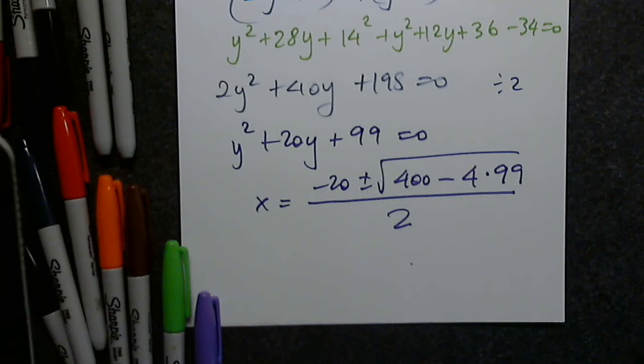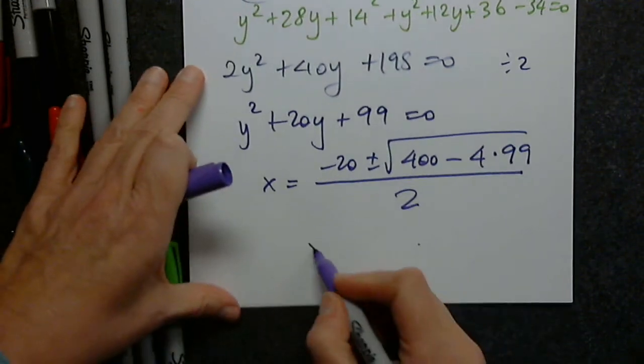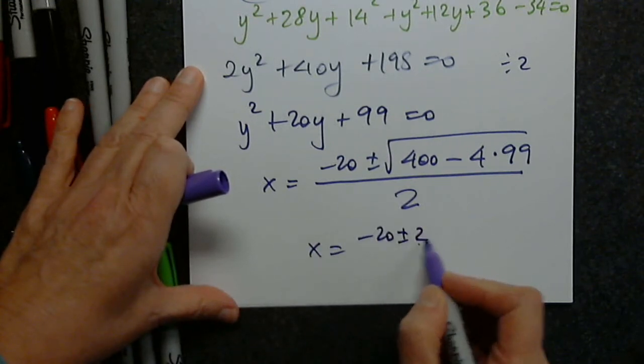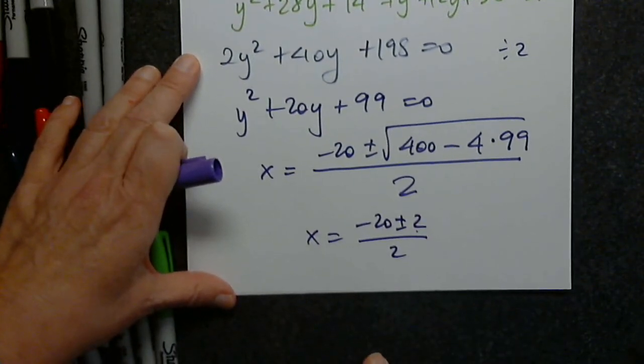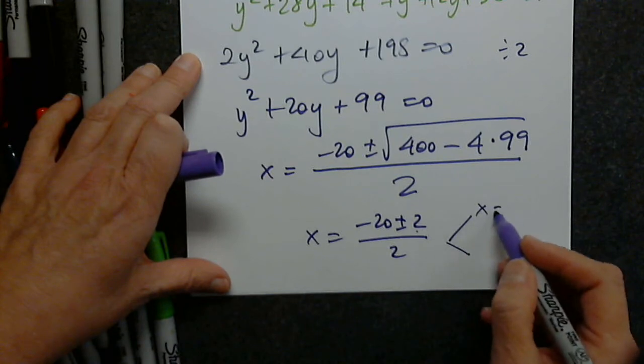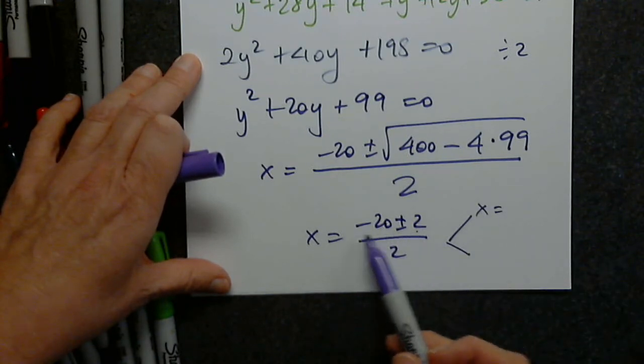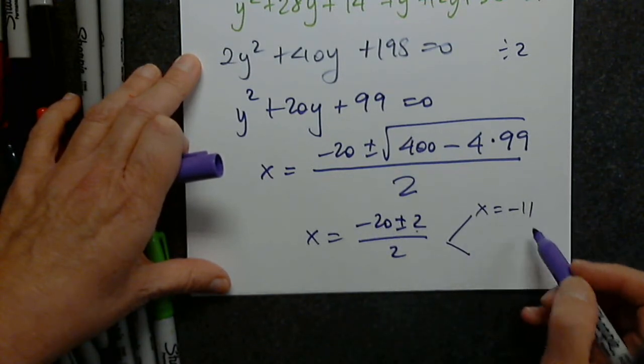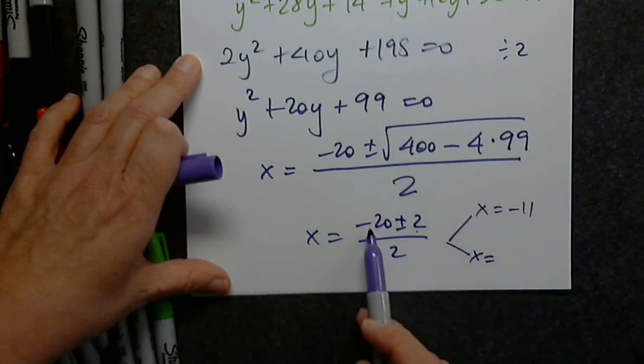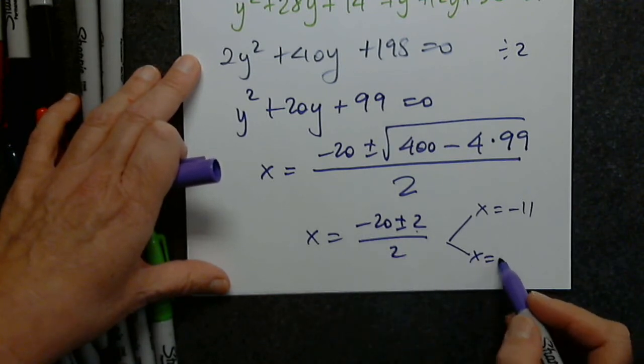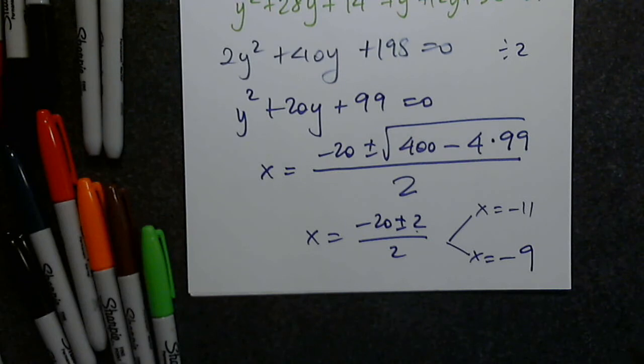So it's 4. So the square root of 4 is 2. So the solutions are negative 20 plus or minus 2 over 2. So I got negative 22 over 2 indeed, and the other is negative 18 divided by 2, which is negative 9.